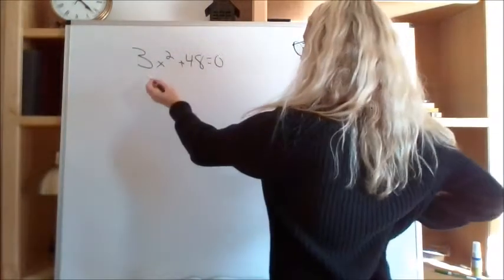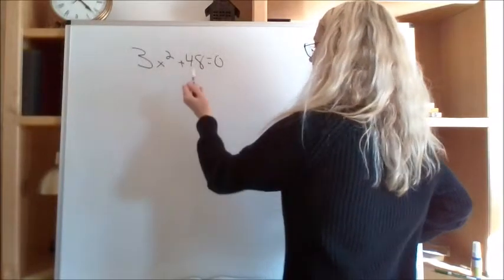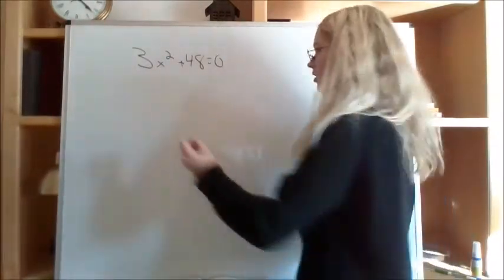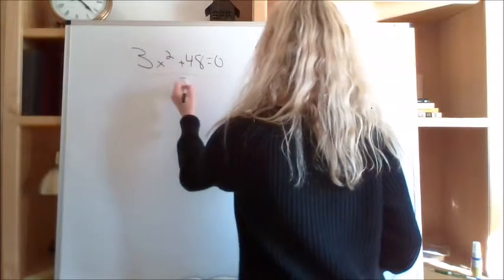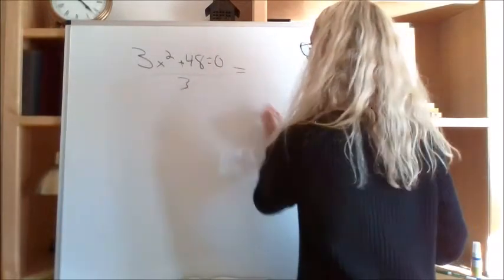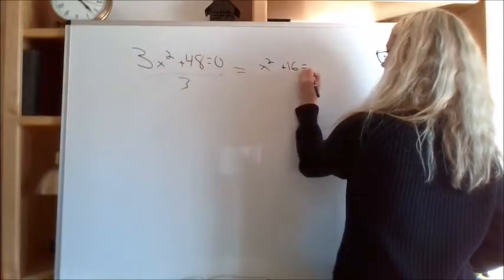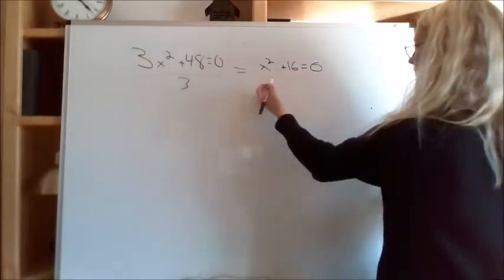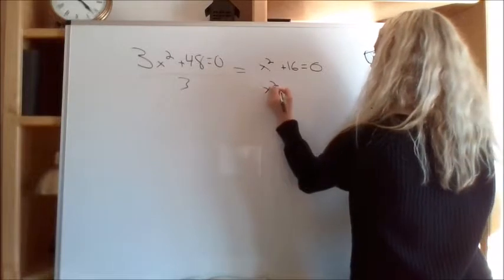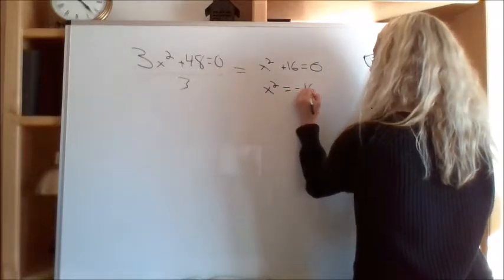So first we see that each term here is divisible by 3. So if we divide by 3, we get x squared plus 16 equals 0. So we have x squared equals -16.